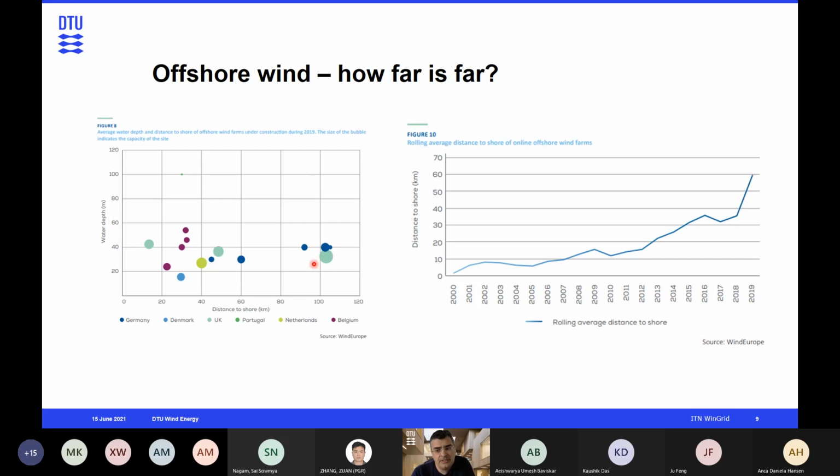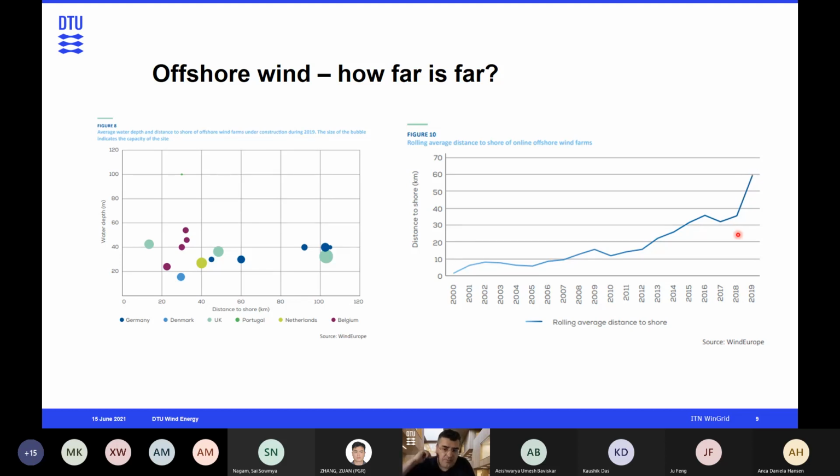And if we want to see an image in general, you see here the rolling average distance to shore of online offshore wind farms. You can see that for quite some time it was fairly close to shore, below 20 kilometers. We already have a very steep increase in the last years, and this is an average.